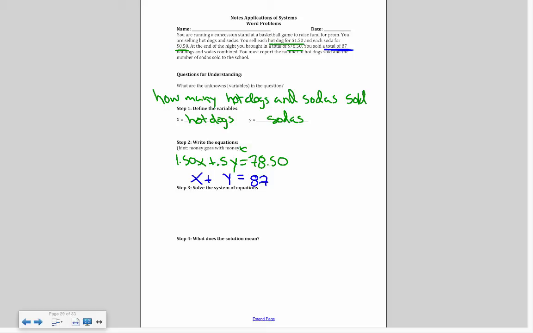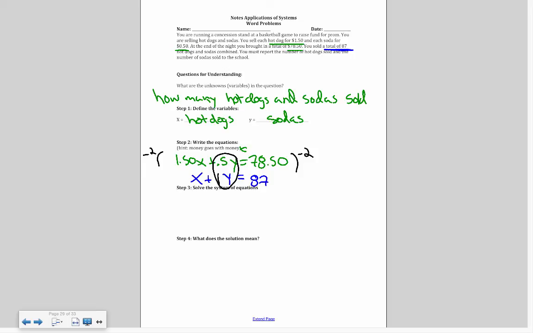What I'm going to do is I'm looking at the y's right here. And I have 0.5 and I have a magical 1. So what do I have to multiply that top equation by to get 1 or to get negative 1? I'm going to take this top part and I'm going to multiply each one of those by negative 2. This will allow me to get a negative 1 in front of that y so I can eliminate it.